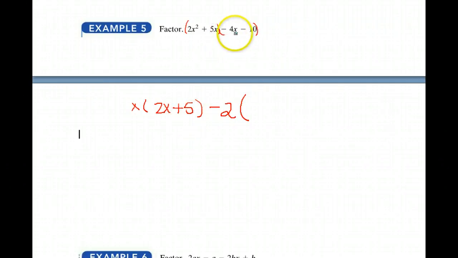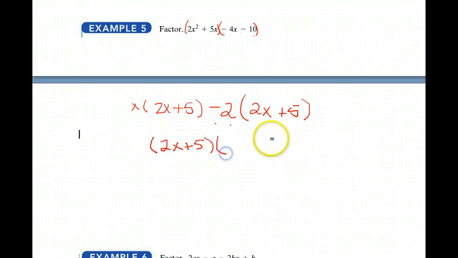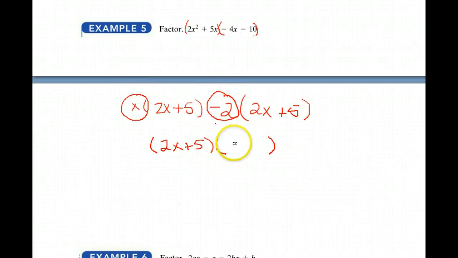So negative 4x divided by negative 2 leaves me with positive 2x. Negative 10 divided by negative 2 leaves me with positive 5. We now have exactly the same group, so we're allowed to drop it into our next line and prepare to write our last group, which will come from the remaining terms of x and negative 2.